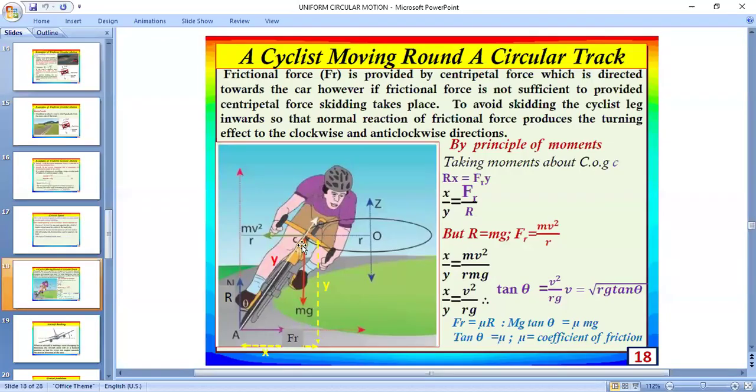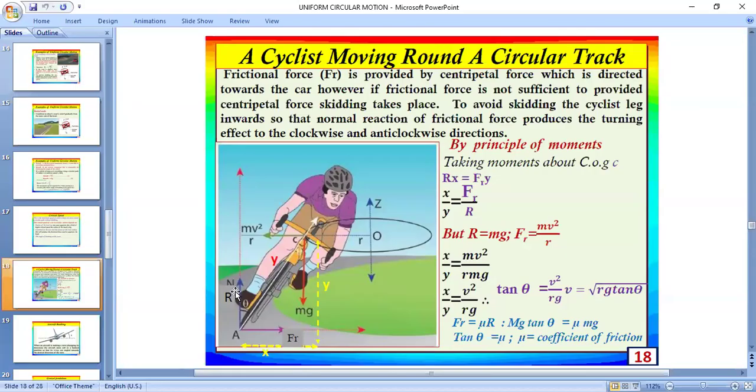C is over here. That's the position where we take the moments. So clockwise moments are equal to anti-clockwise moments. So we have this reaction force R, which is the same as weight.